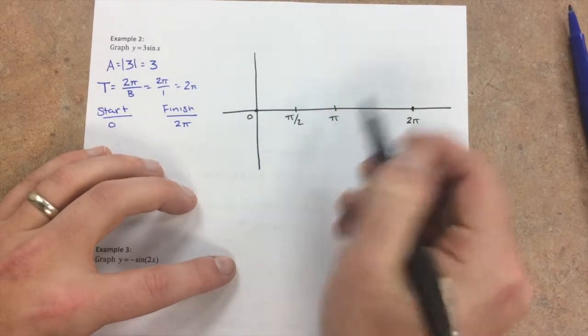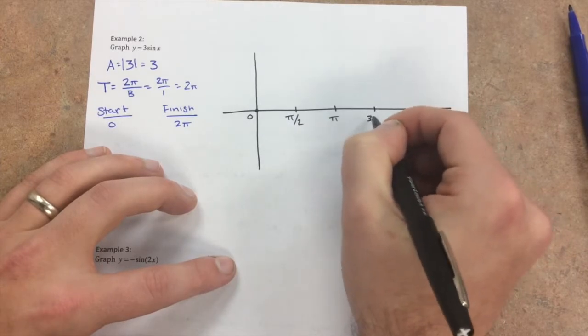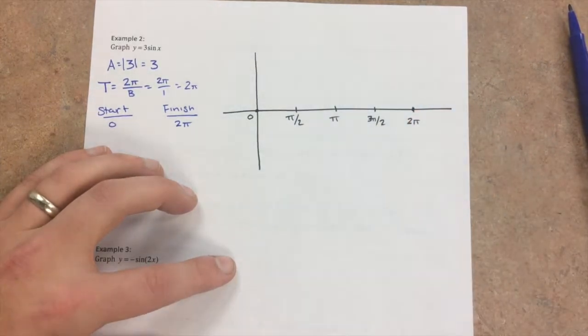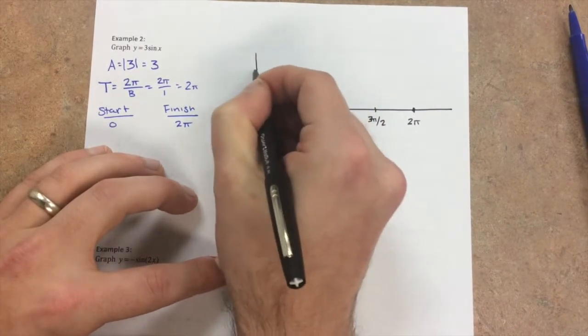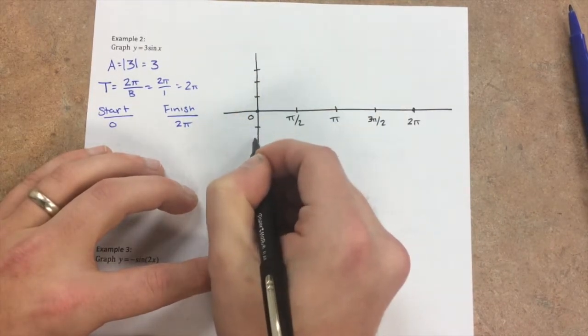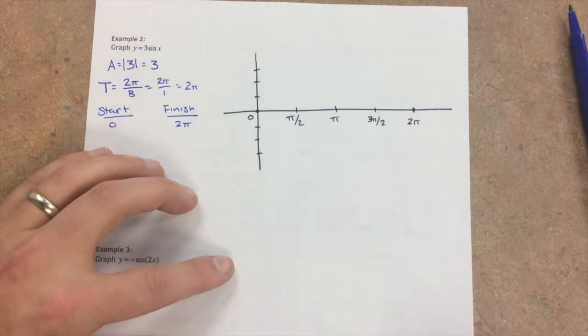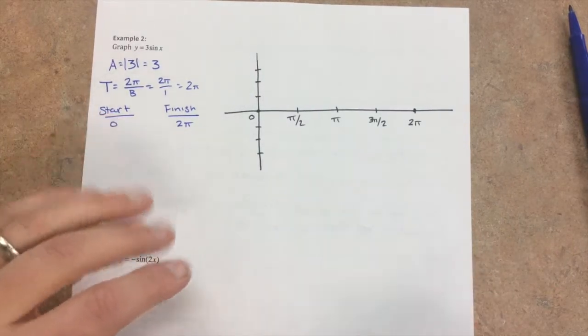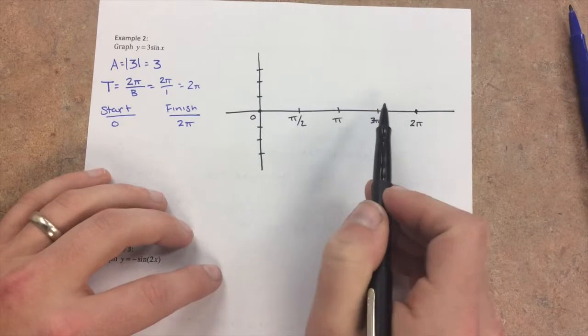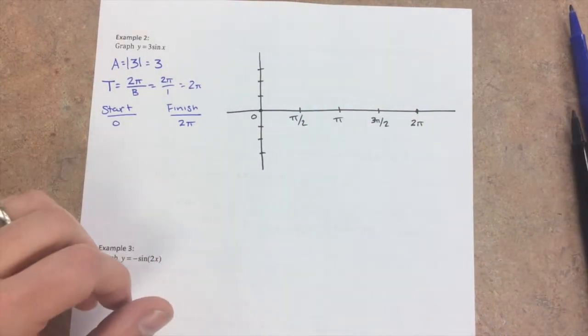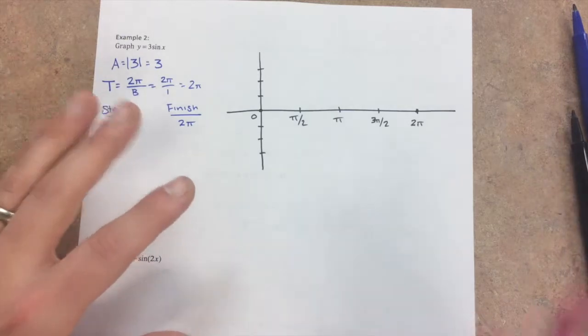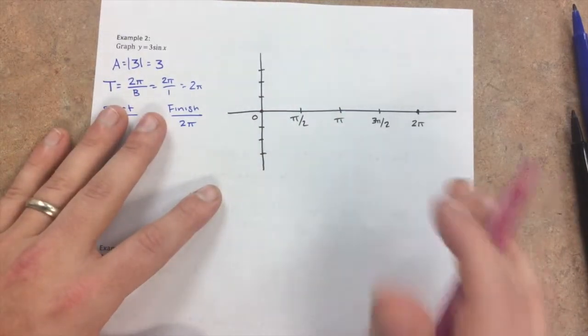If you add pi over 2 and pi, you get 3 pi over 2. You're going to get very familiar with these numbers. And then I'm going to put 1, 2, 3, and 1, 2, 3. And as long as our scale is accurate, I can see your x scale and your y scale, we should be good. I know some people have run into the past, people are saying, no, your scale's off. No, as long as I can see what your scale is, you're good.